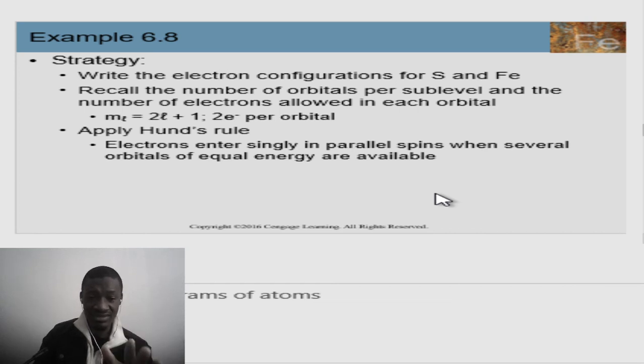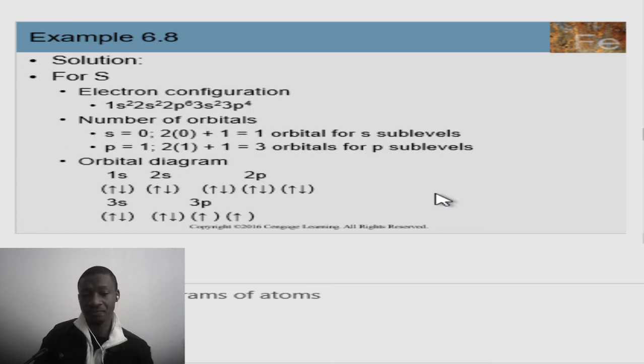This is how to apply Hund's rule: the electrons enter singly with parallel spin when several orbitals are equal in energy. So that's what I demonstrated: when you have 3 boxes, you have to fill the 3, and not put 2 electrons in one box or 3 electrons in one box. You have to share them equally. That's justice.